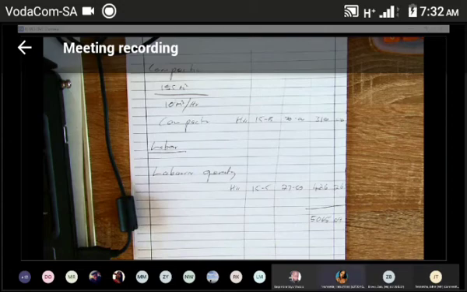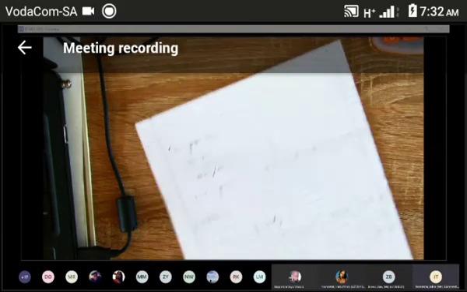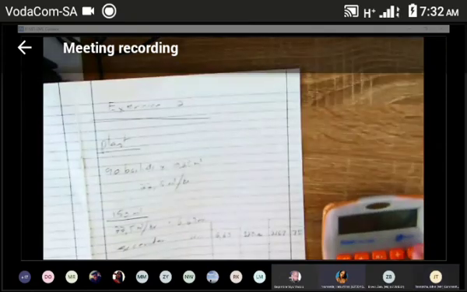Can you please show us how you arrived at the answer? Because I added up the figures. That's right. Let's check my figures. Can you please start again?